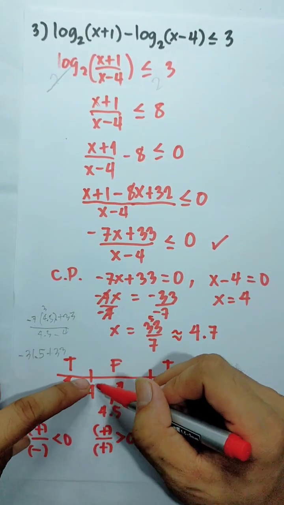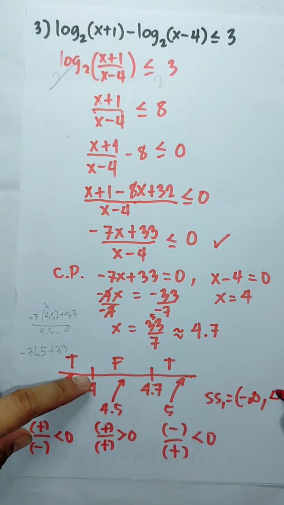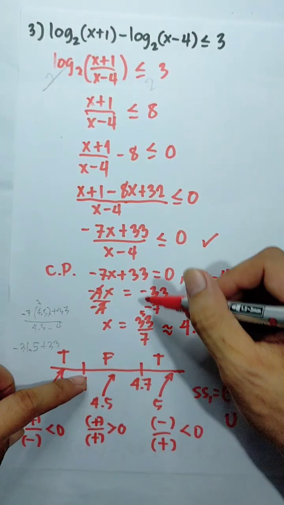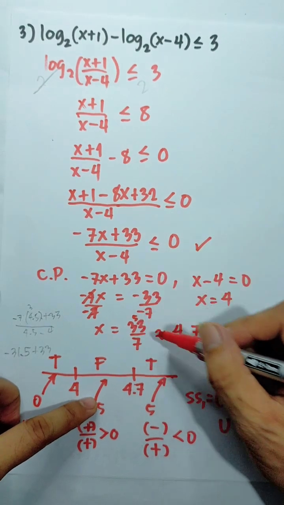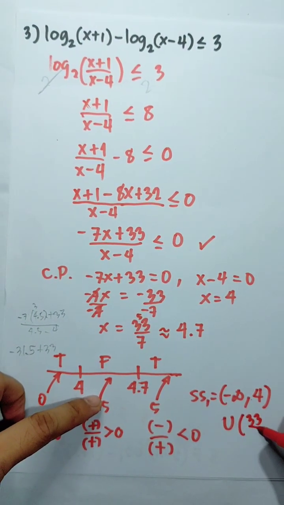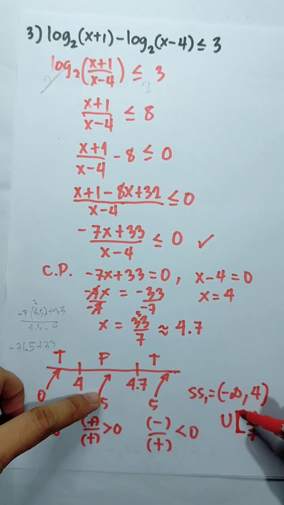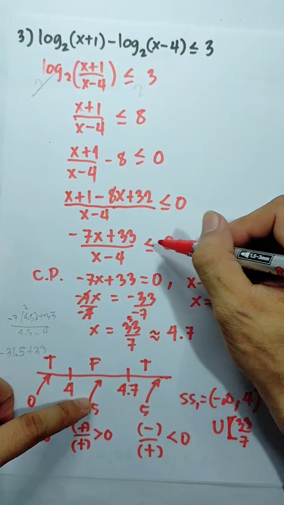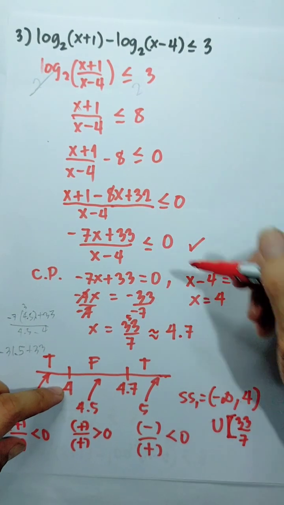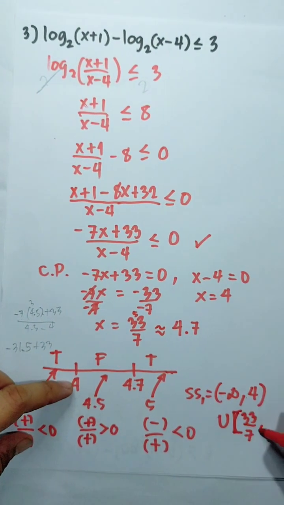Take note, our 4 is in the denominator, so it's open, union with 4.7 or 33 over 7 to positive infinity. By the way, this is closed because that's from the numerator, and the inequality is less than or equal, so the endpoint is included here.